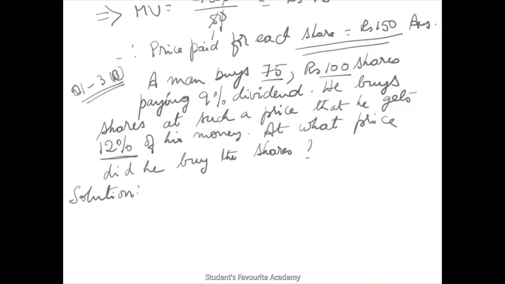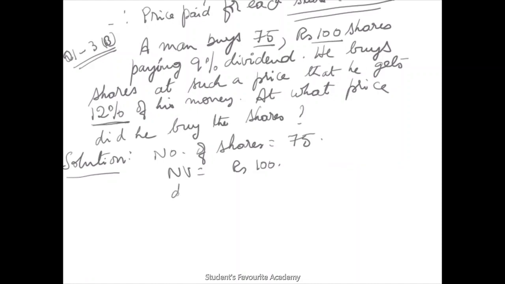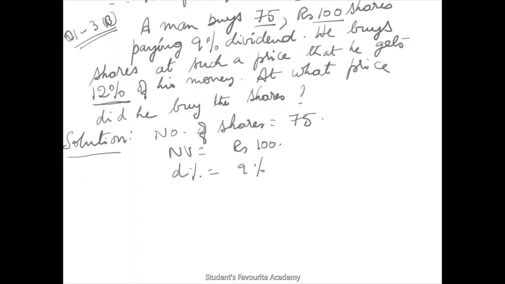Okay, now number of shares is equal to 75. Nominal value rupees 100. D percent is 9%. Okay, dividend percent. Now 12% is a return percent. That is R percent is 12%.